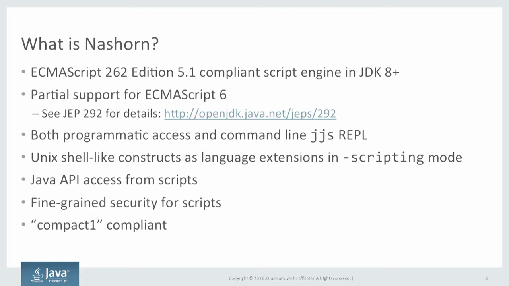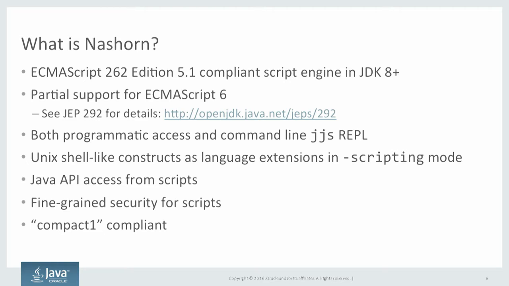Take a look at JEP 292, which is a good number. And there are more details about that. Incidentally, the ECMAScript 6 parsing capabilities are there thanks to Graal.js. So the Nashorn implementation has adopted the ECMAScript 6 parsing capabilities that have been implemented there in Graal.js. And it goes all looping back because the Graal.js parser started out as the Nashorn parser. So that was what the Graal.js project started with.